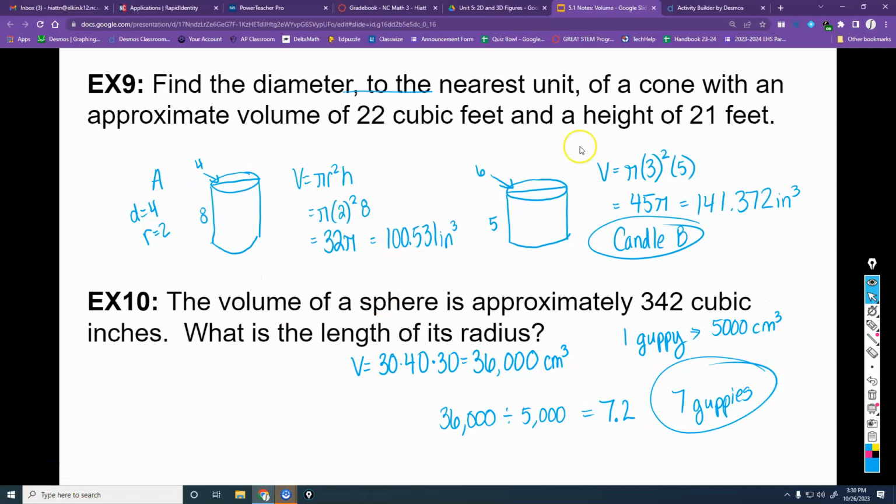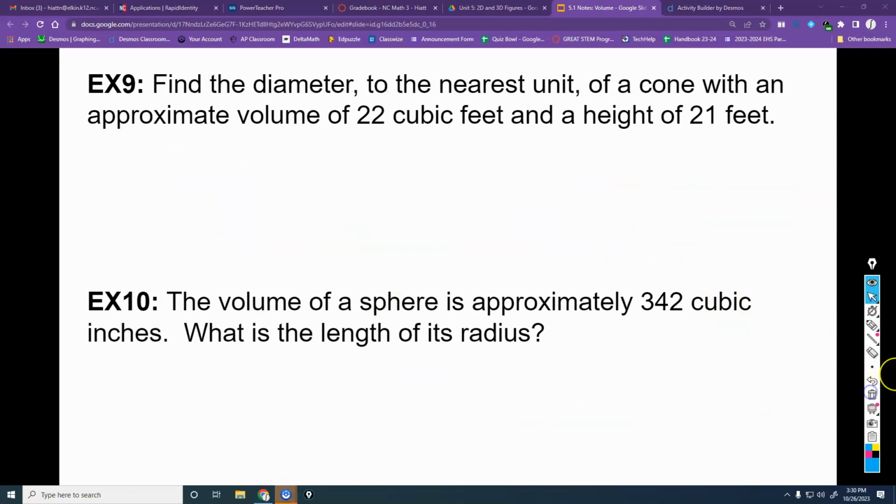Moving on. For example 9, we're asked to find the diameter to the nearest unit of a cone with an approximate volume of 22 cubic feet and a height of 21. So, let's draw ourselves a picture here.